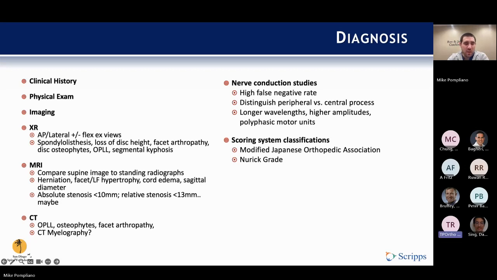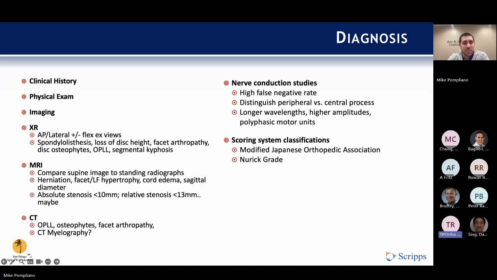With respect to MRI, it shows obviously finer detail with respect to the soft tissue, both herniations, hypertrophy, as well as cord edema, specifically on T2 signal and the sagittal diameter of the spinal canal. You can also compare these findings and the osseous alignment with respect to the standing radiographs for a kind of dynamic image in and of itself.